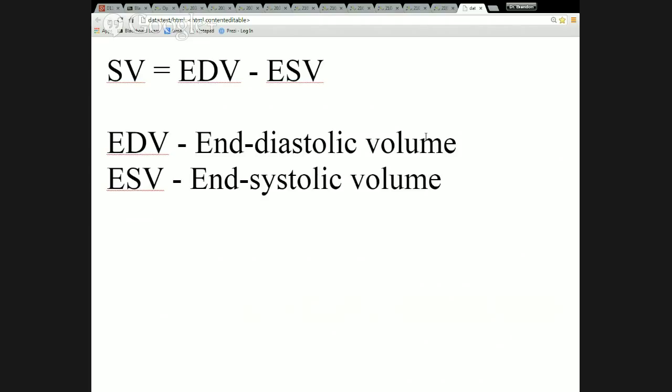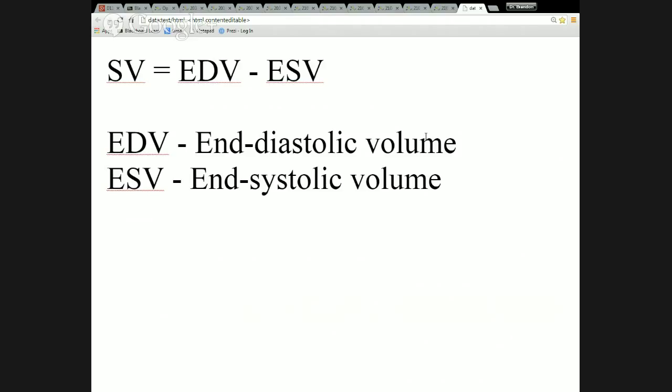So in the interest of review, what does it mean to talk about the end diastolic volume? It's the volume in the ventricle at the end of the diastole. Yeah, so at the end of ventricular diastole, whatever volume is there, which basically means as full as the ventricle is going to get.